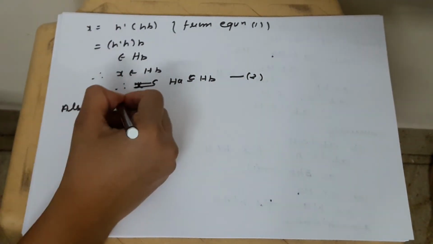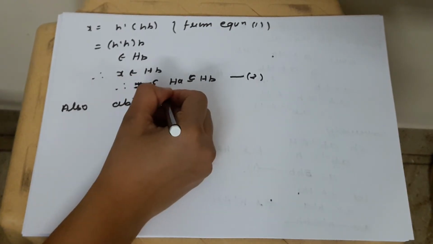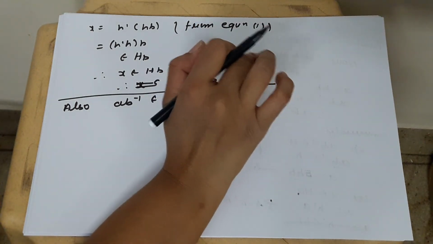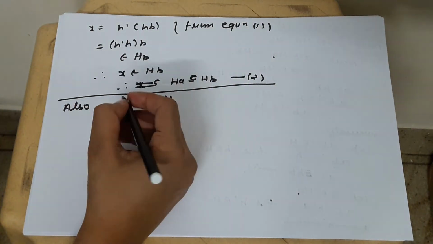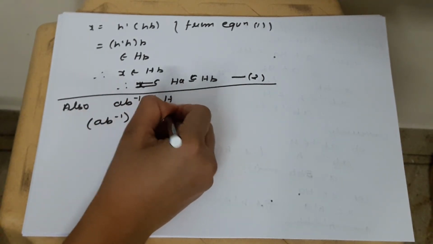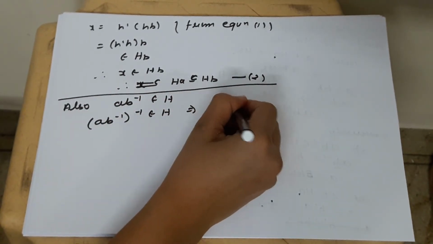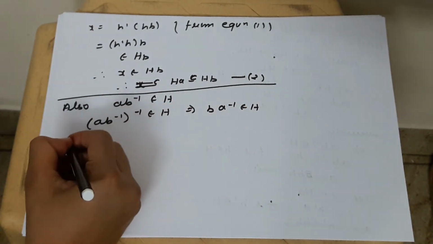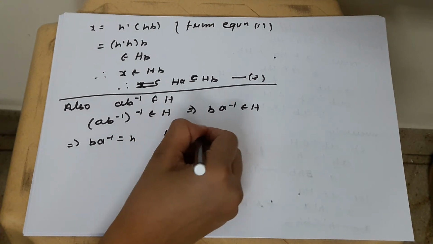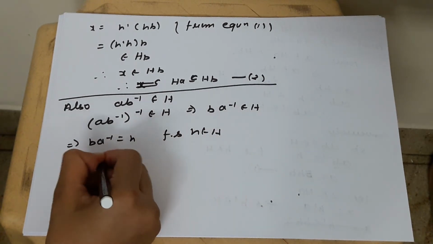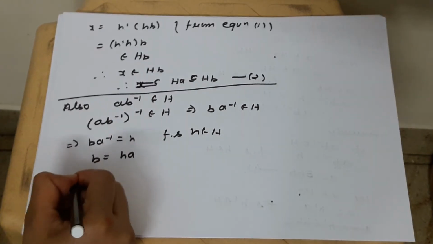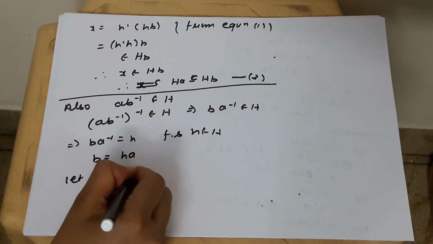Also, ab inverse belongs to H. You forget this part and the notations whatever I have used till here. Let ab inverse belong to H, which implies the inverse of ab inverse belongs to H, which implies ba inverse belongs to H, which implies ba inverse is equal to h for some h belongs to H. So b is equal to ha. Let x belong to Hb.